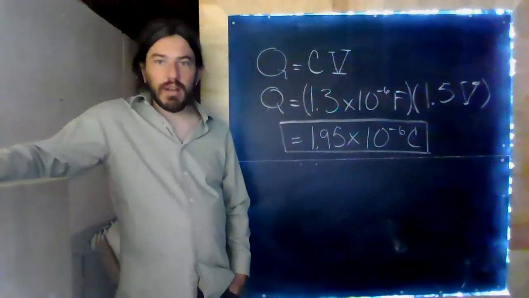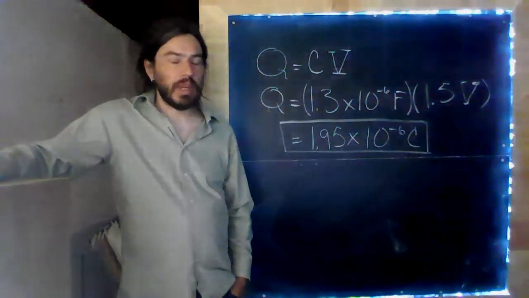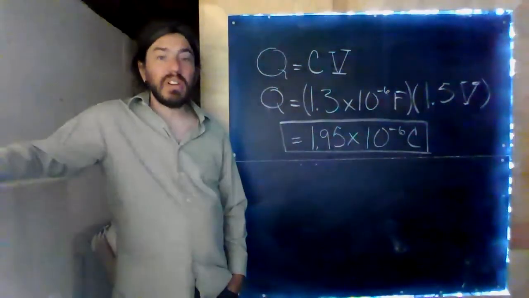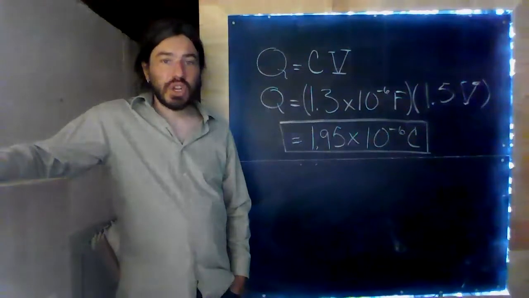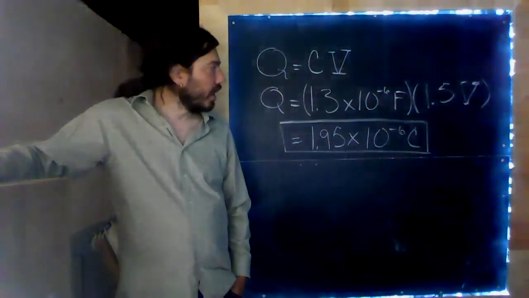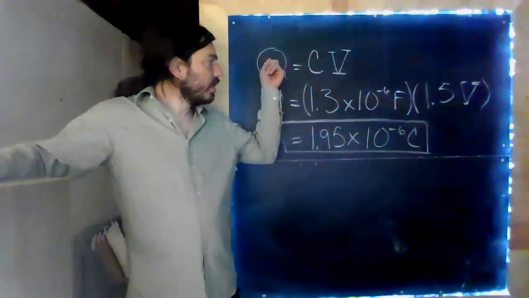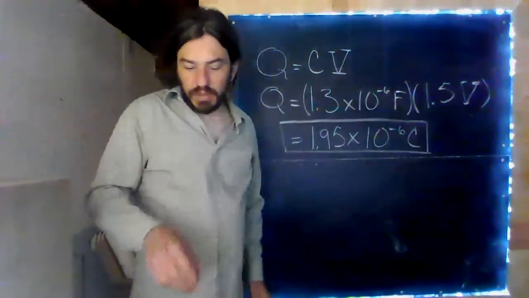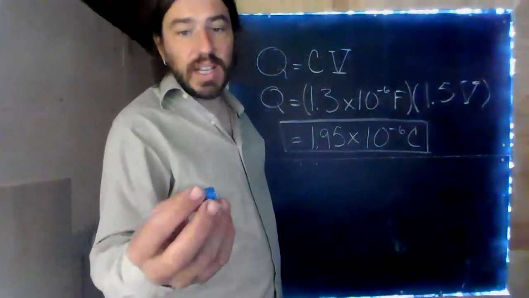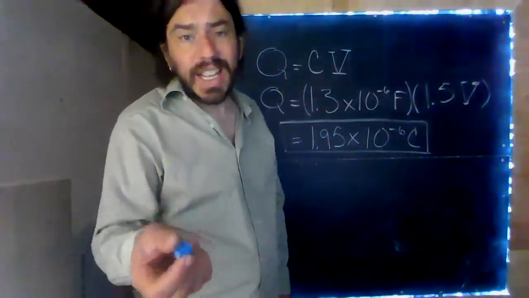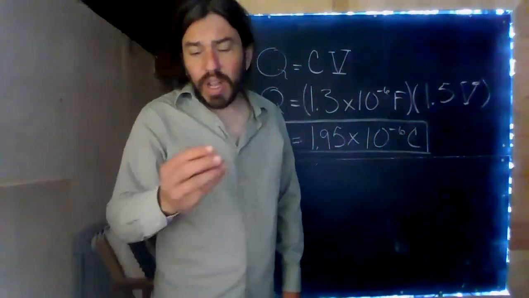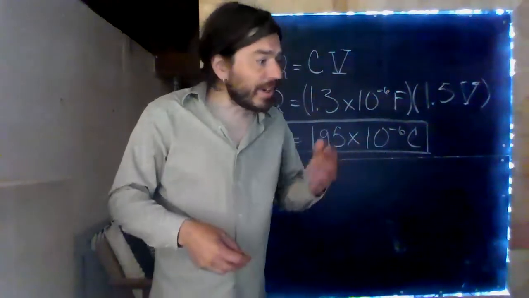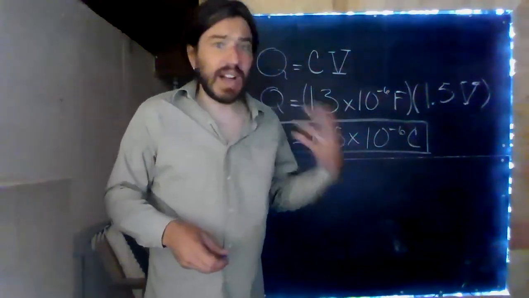Not a terribly challenging problem here, but this is the basic function of a capacitor: to store charge. How much charge do we store? Well, for a given capacitor, it depends on the battery I hooked it up to. For example, this is a 1 farad capacitor. It's a 1 farad capacitor whether it's not hooked up to a battery, or I hook it up to a 1 volt battery or a 5 volt battery.